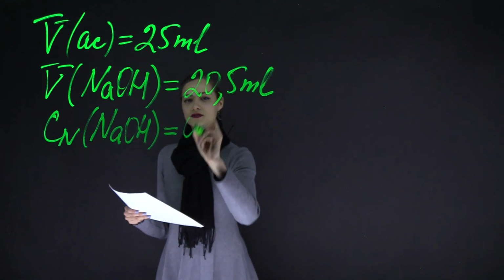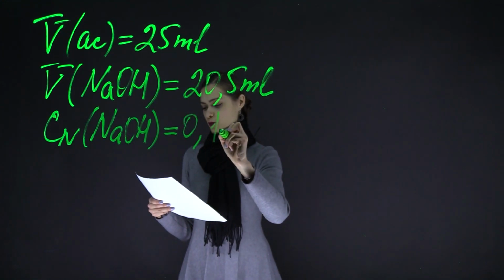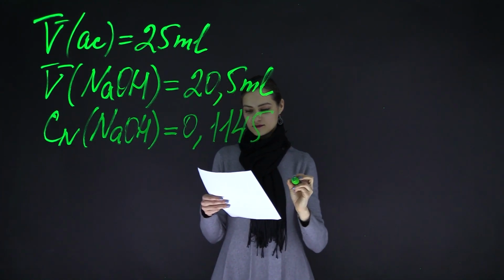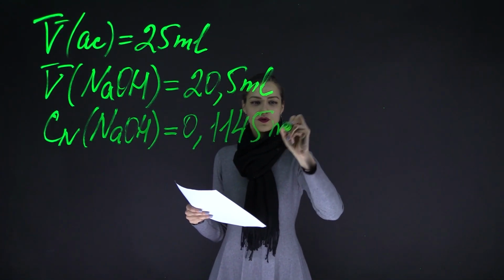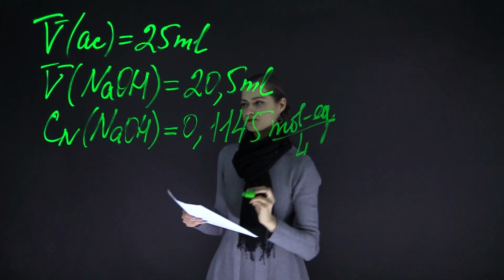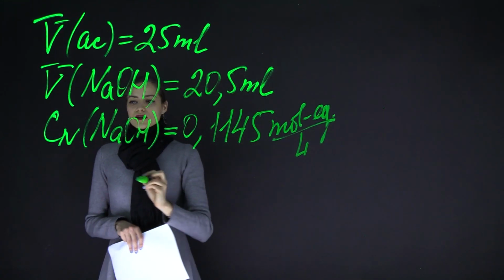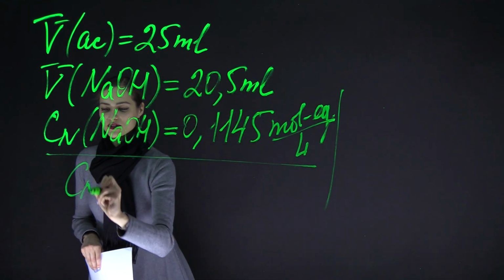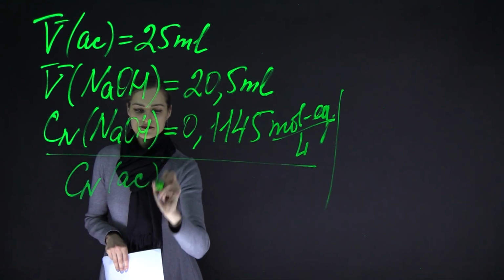It equals 0.145 mole equivalents in 1 liter. So our task is to calculate the normal concentration of the acid.